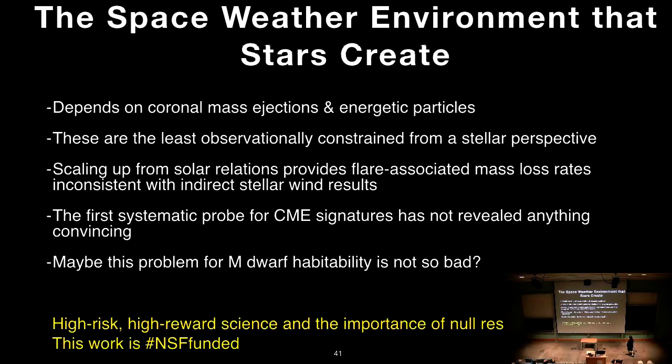And while that gets you somewhere, that appears to be inconsistent with some of the observational constraints that we have for stars. And so this is sort of a question, but M-dwarf habitability is often posed as, planets around M-dwarfs, it's horrible, they've got all kinds of nasty stuff happening, and maybe it's not so bad as everyone thinks.